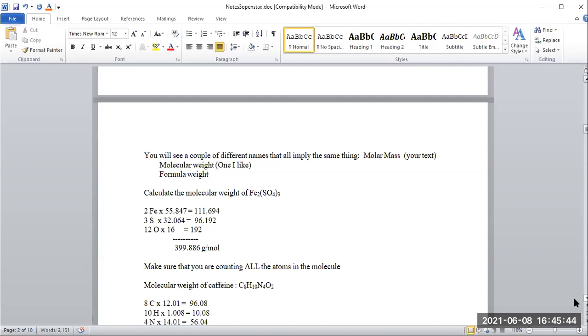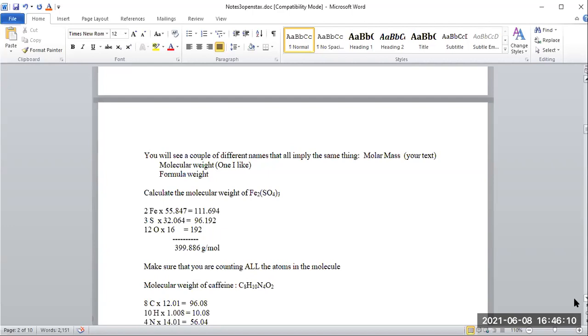Then I went back and I counted them to make sure I was keeping track of the right number that were in that molecule. I had 2 irons. I had 3 sulfurs, because the 3 on the outside affects everything inside the parentheses, kind of like algebra.